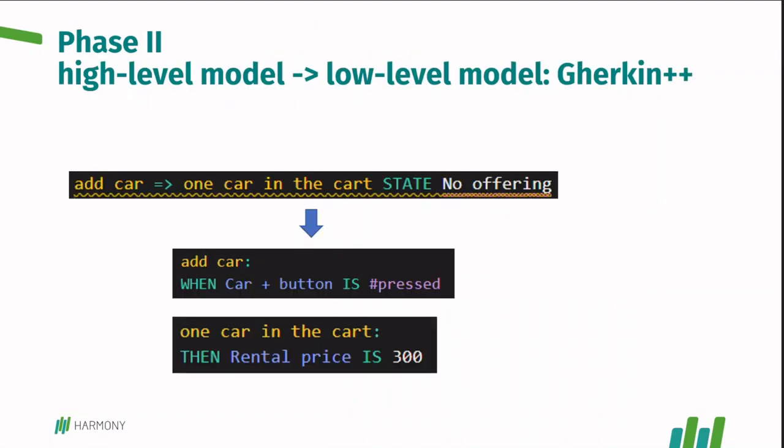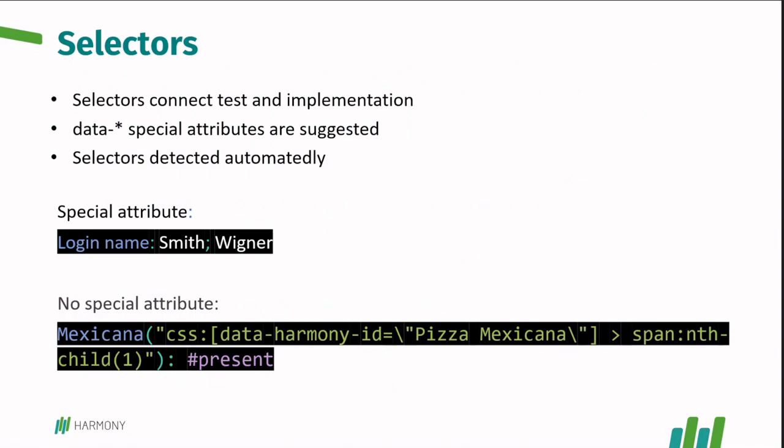And we have arrived at the second phase. From the high-level model, the low-level model can be generated, and we call this model Gherkin++. It consists of 2 parts.